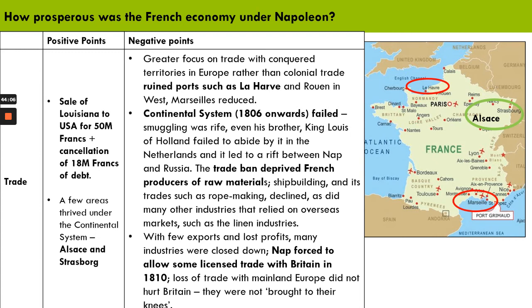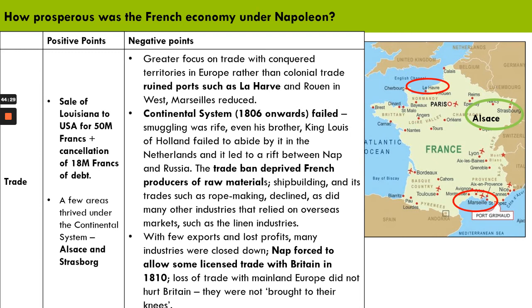And ultimately, it has big repercussions because, as it alluded to quite heavily in the video, it was too controversial, and many of the other states in Europe, even places that were ruled by Napoleon's own family, his brother King Louis of Holland, did not abide by the continental system.